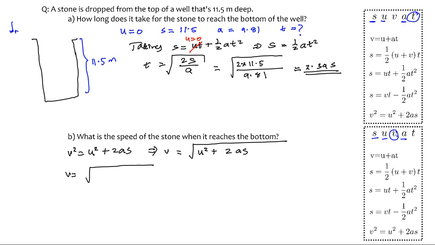So that's equal to the square root of 2as, because in this particular case u is equal to 0. So 2 times 9.81 times s, that is 11.5.